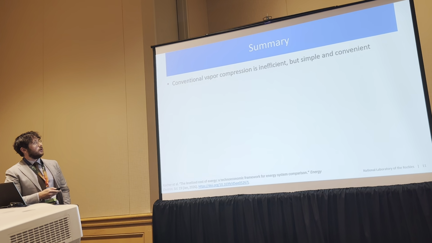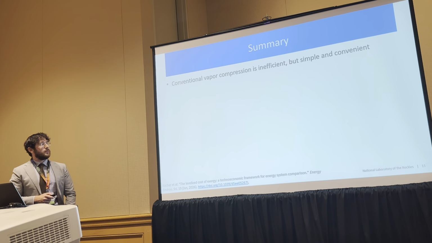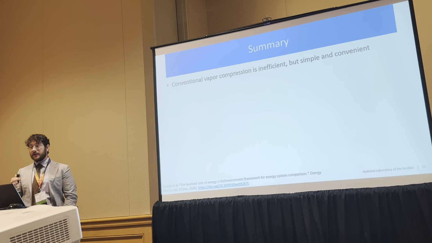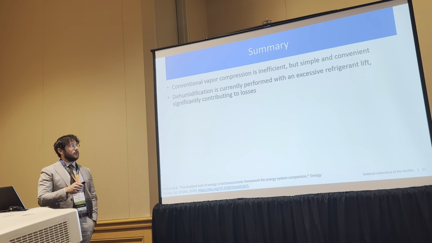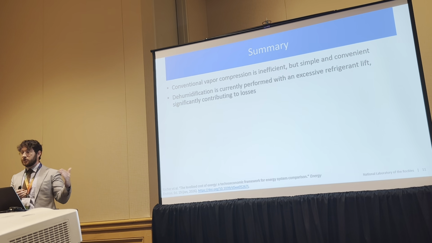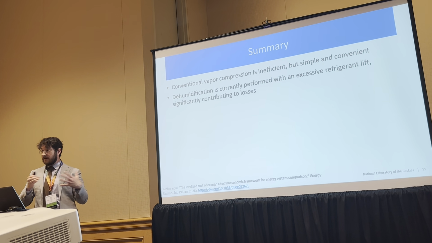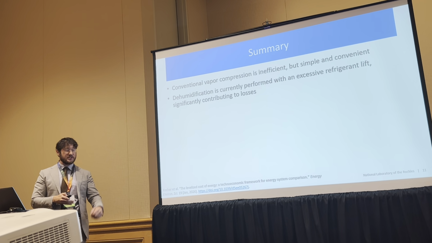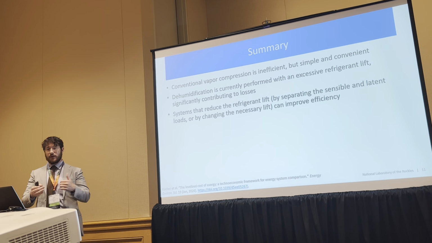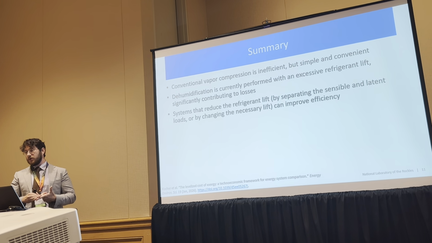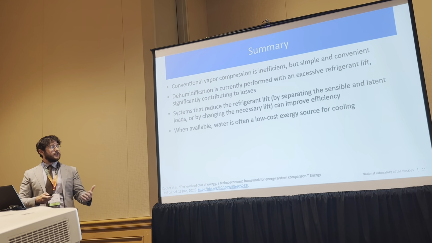So just to quickly conclude, conventional vapor compression is inefficient, but it is very convenient. So that's why we use it. Dehumidification is currently performed with excessive refrigerant temperature lift, which is why we have all these losses for dehumidification specifically. Systems that reduce that refrigerant lift through some means, whether that's separate sensible and latent, or we're using desiccants, improve efficiency.